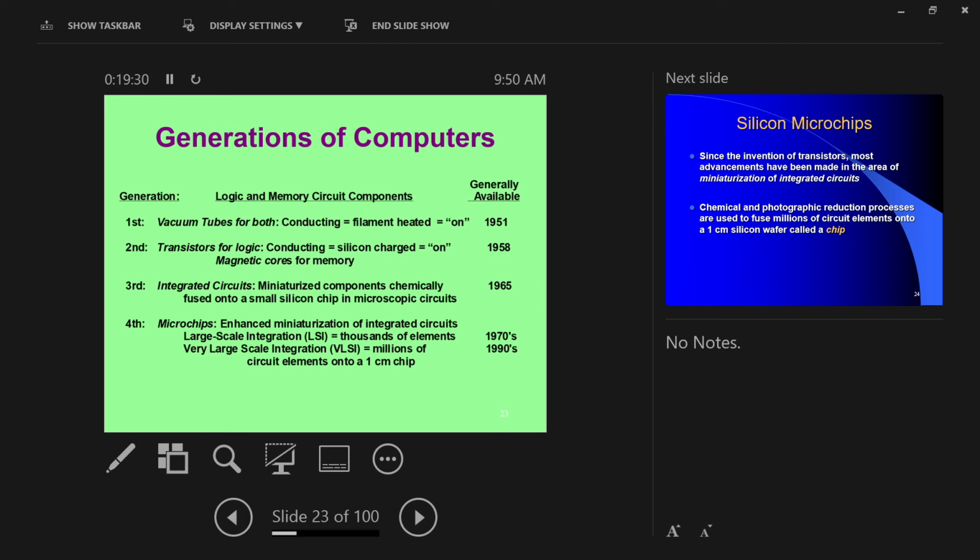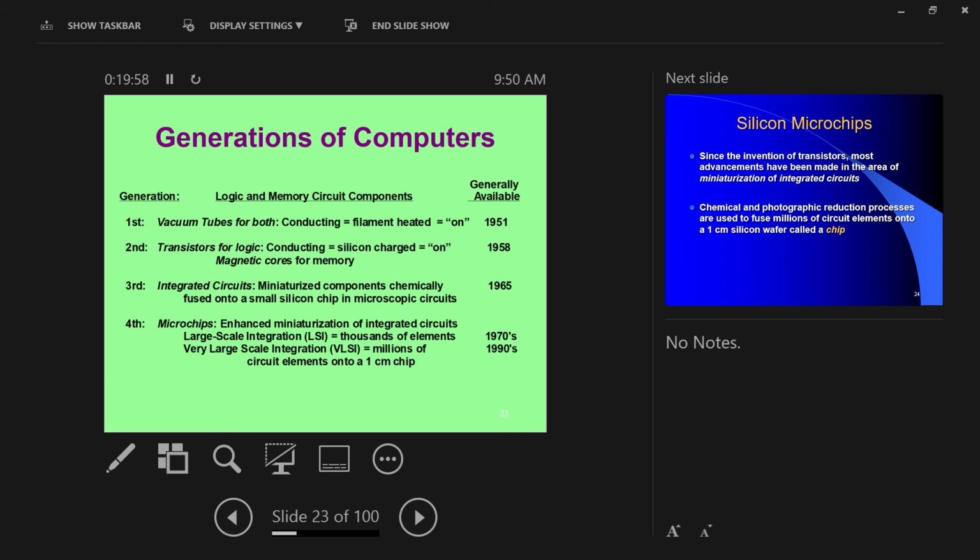Third generation, integrated circuits, so miniaturized components putting all the circuits together, chemically fused into one small silicon chip into microscopic circuits, 1965. Fourth generation, enhanced miniaturization, so we're getting smaller integrated circuits, and you have that done in the 1970s and 1990s on different devices.